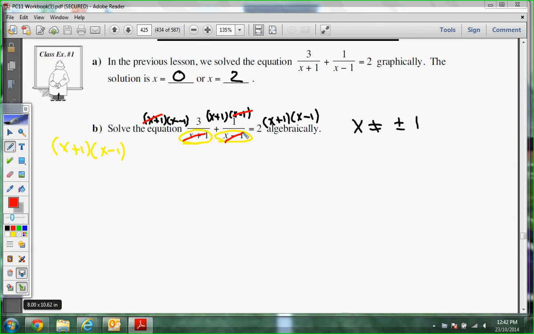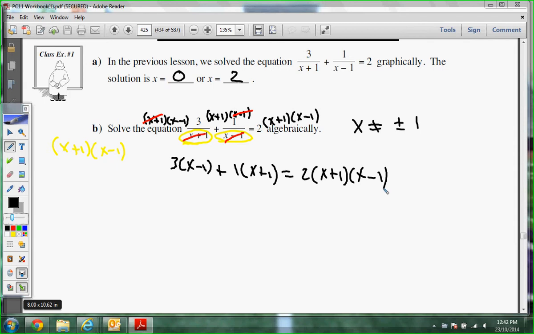So now those are gone. Now I feel a little bit better. So now I have 3 times x minus 1 plus 1 times x plus 1 equals 2 times x plus 1, x minus 1. So now everything's on one level, and now we're just using our basic algebra solving skills.